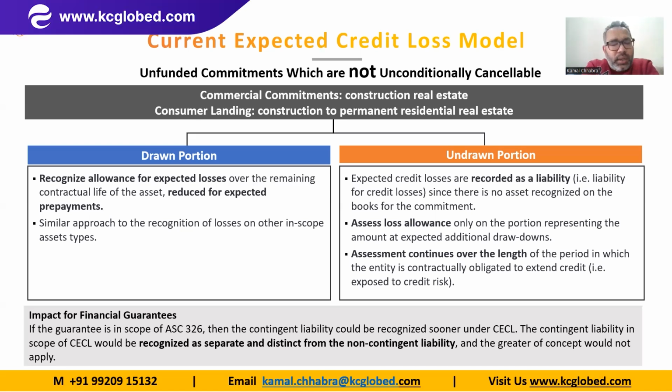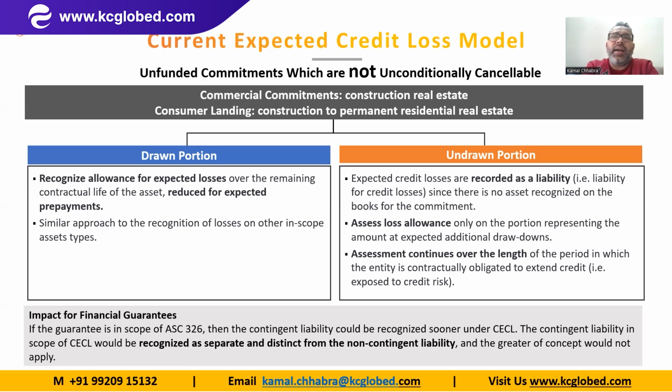If the commitment is not unconditionally cancelable, and you have drawn a certain amount or a certain percentage, then you need to account for and recognize the loss. And that recognized loss should be on the balance payment, not on the prepayment, right? Similar approach to recognize the loss on other scope in asset type, which we have discussed earlier.